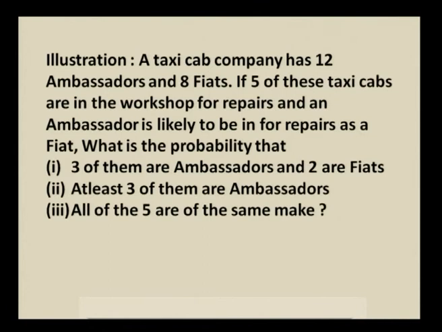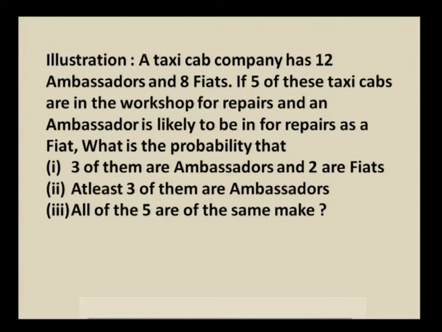Okay. A taxi cab company has 12 Ambassadors and 8 Fiats. So, totally there are 20 cars, that is capital N is equal to 20. If 5 of these taxi cabs are in the workshop for repairs, and an Ambassador is as likely to be in for repair as a Fiat, what is the probability that 3 of them are Ambassadors and 2 of the cars are Fiats?